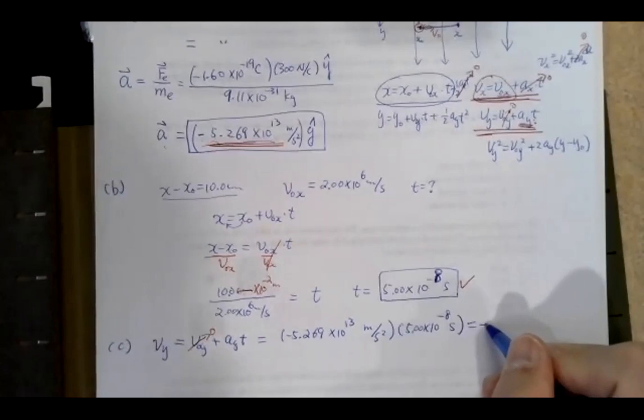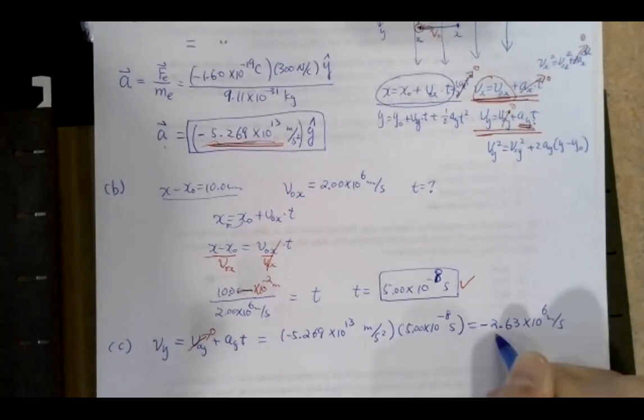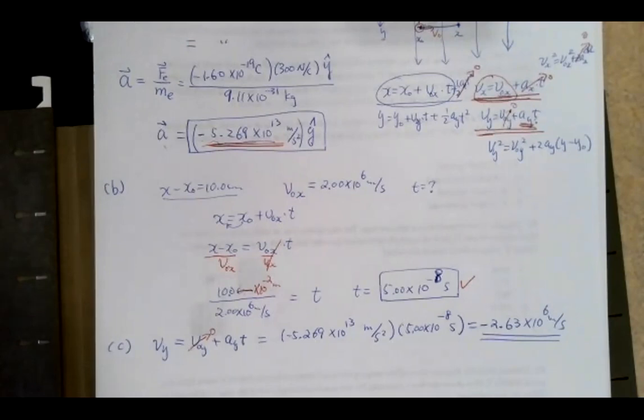So then you get minus 2.63 times 10 to the 6 meters per second, okay? That's your V in the y direction.